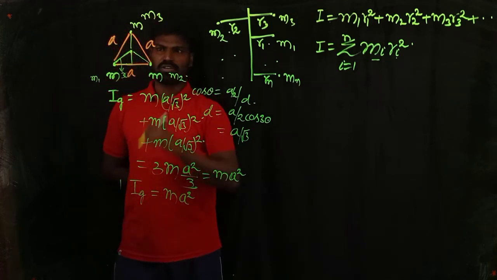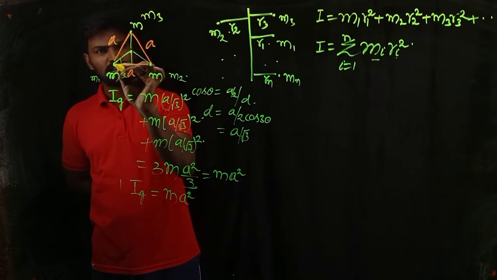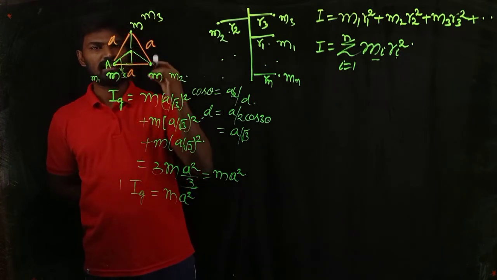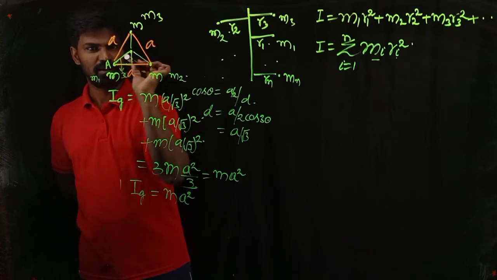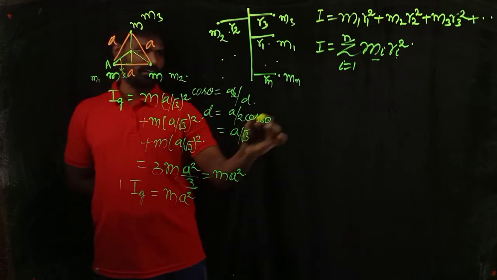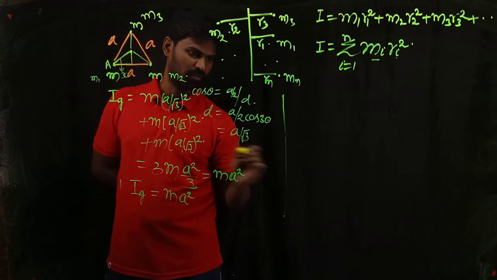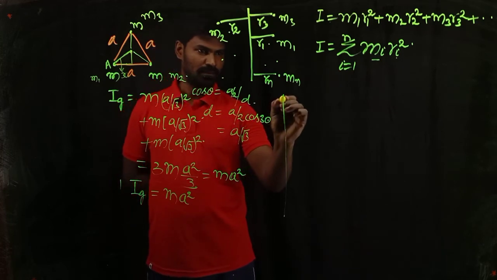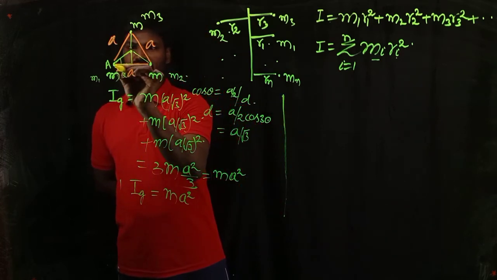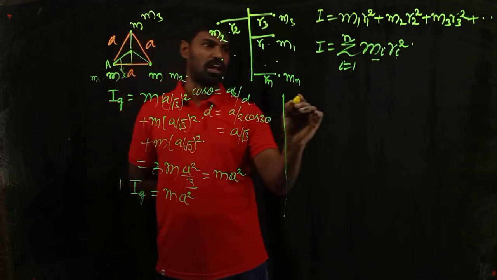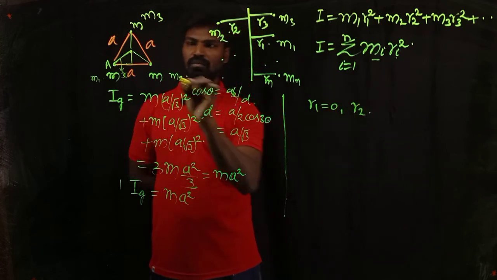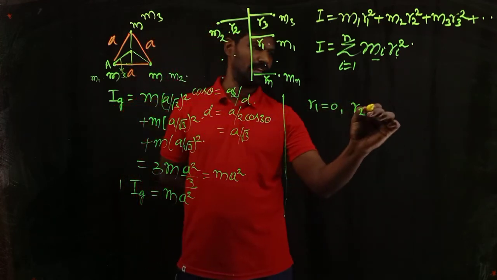For the same configuration, let's calculate with respect to this point mass, let me call this point A. That means an axis passing through this mass and perpendicular to the plane of this configuration. The way you should proceed is like this. First, my axis of rotation is this one. The distance of m1 from this axis of rotation, r1, here is 0, and r2, for m2, this distance is a.